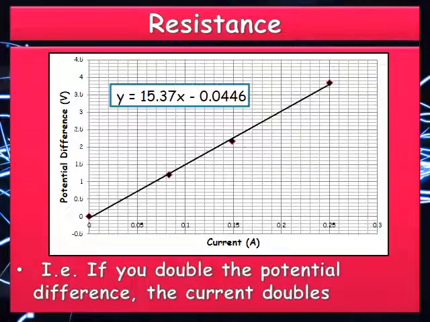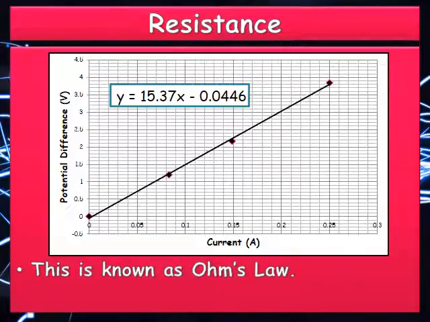For example, if you double the potential difference, the current doubles. So here we go, you go 1, go across, it's about 0.75, 2, it's going to be about double that, about 1.25 amps. This is known as Ohm's Law.